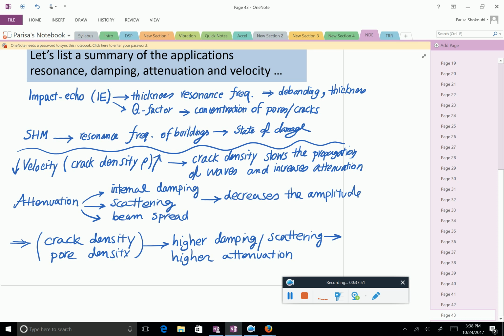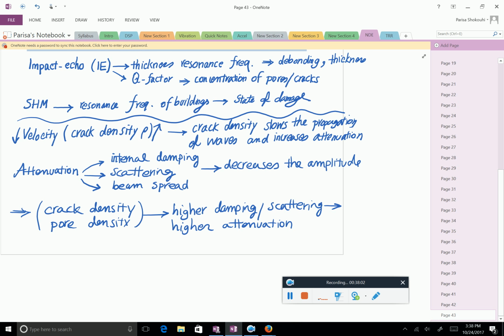We saw that if you know the velocity change, there are ways you can get crack density and attenuation, etc. And to that, we want to add a few things about acoustoelasticity, more in terms of applications.